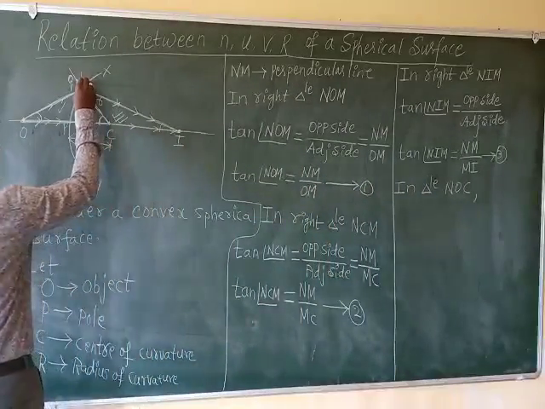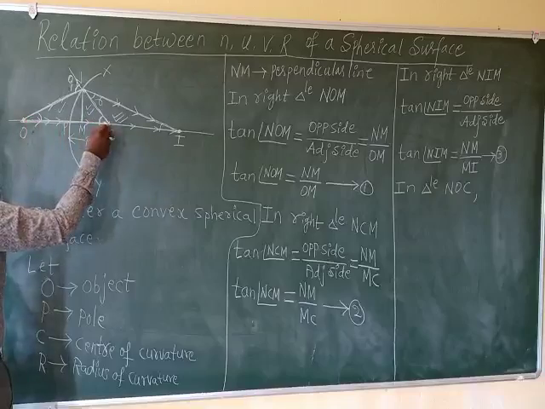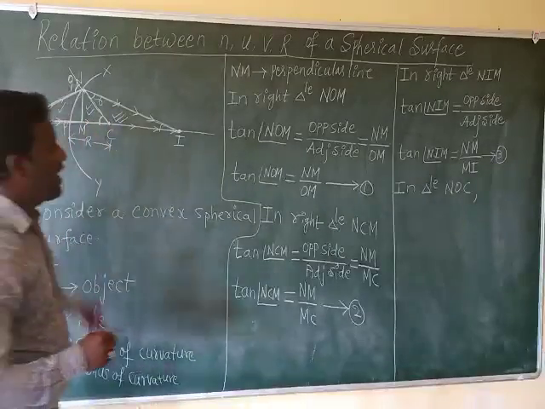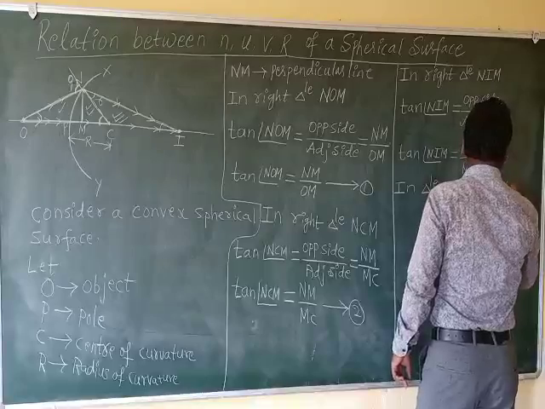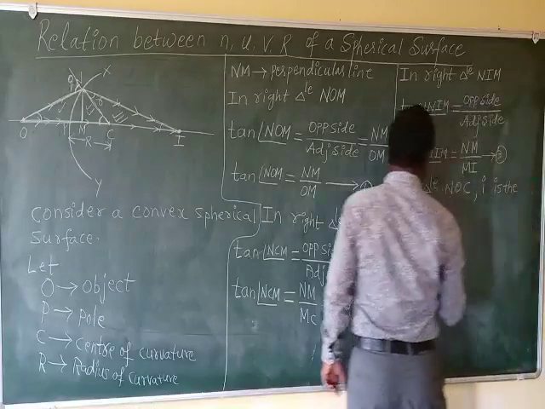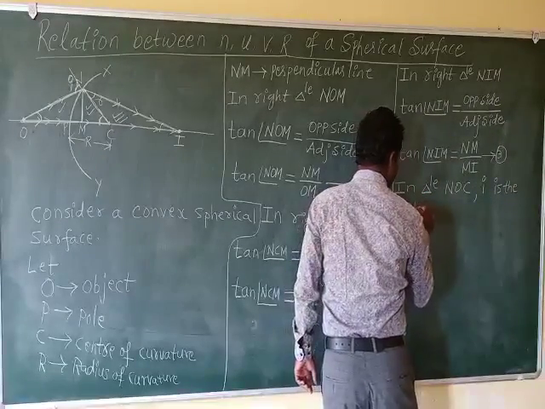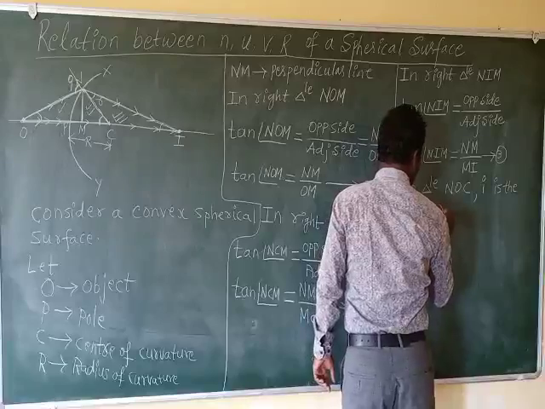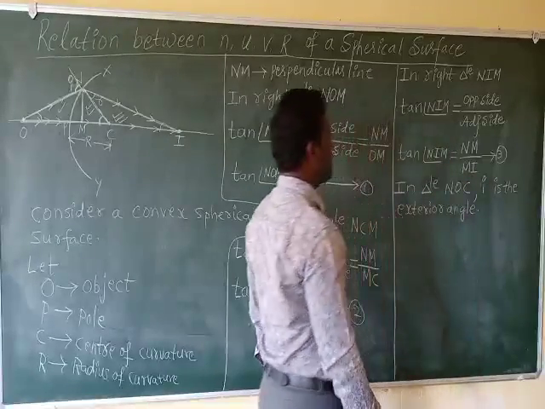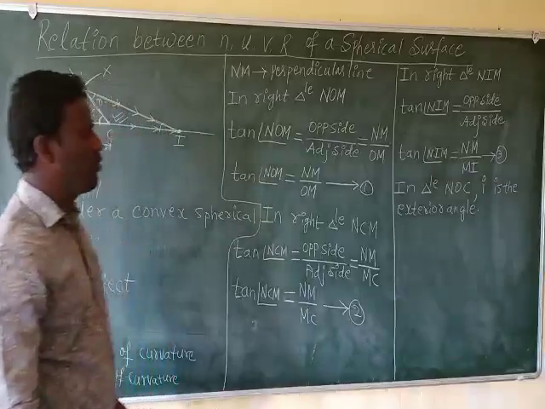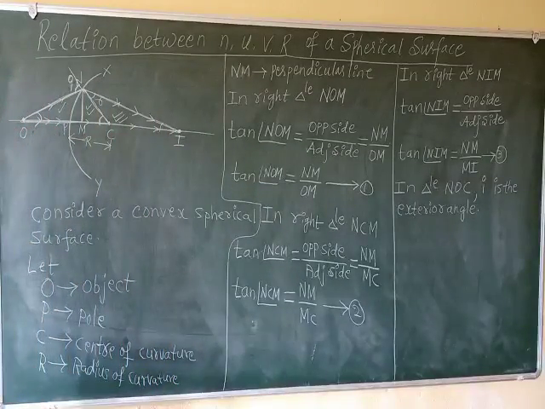Note this is NOC. In the triangle NOC, I is the exterior angle.